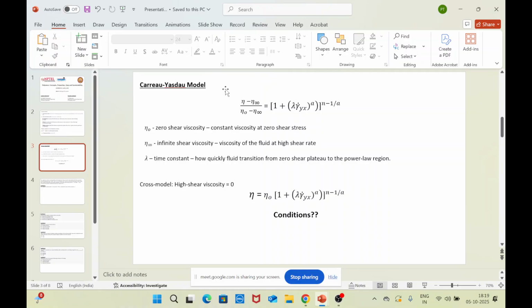These three models that we describe here, the Carreau-Yasuda model, the Cross model, and the Herschel-Bulkley model, all come under the classification of linear viscoelastic models.